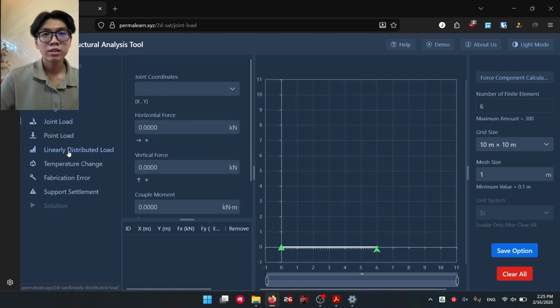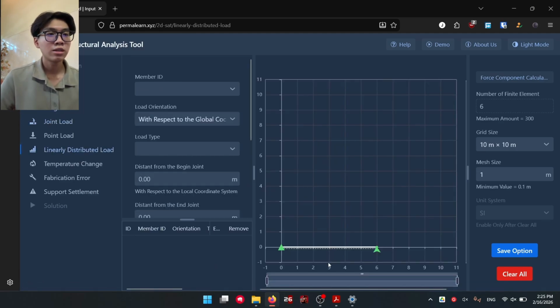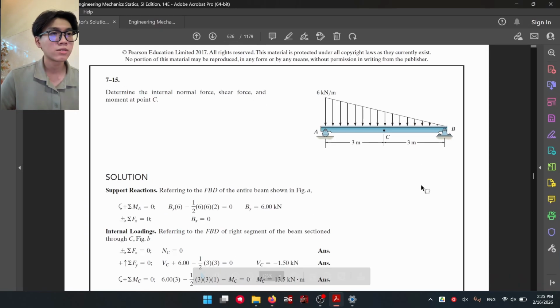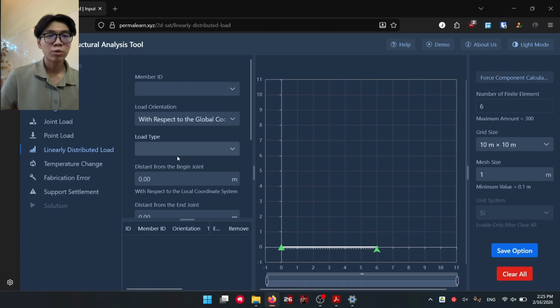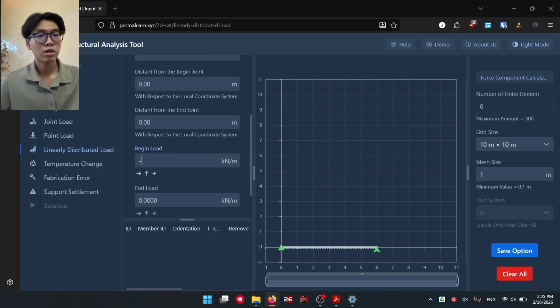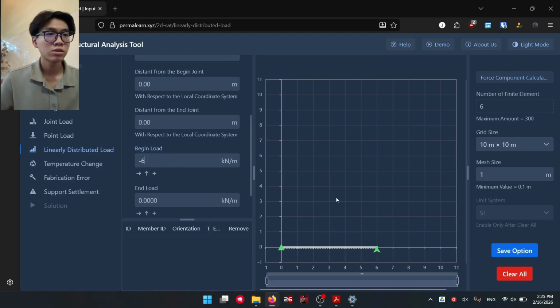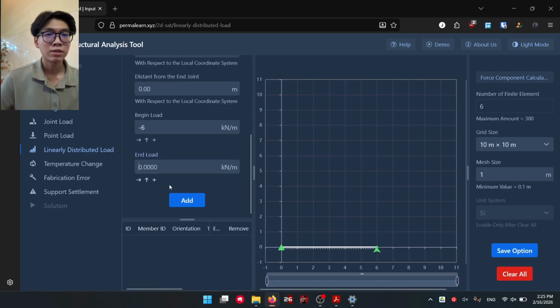Next, we're gonna put the linearly distributed load as shown here in the exercise, which is a vertical force of 6 kilonewton per meter, ending with 0.